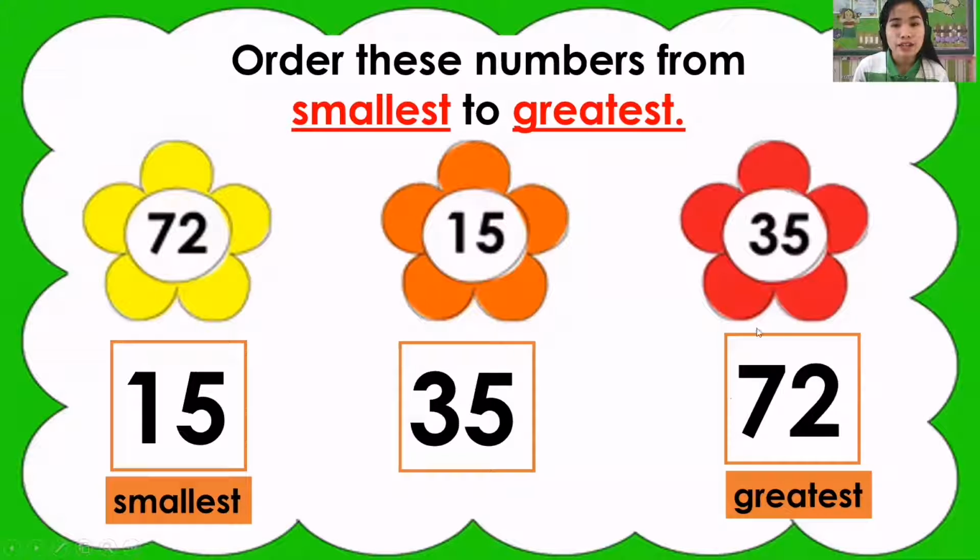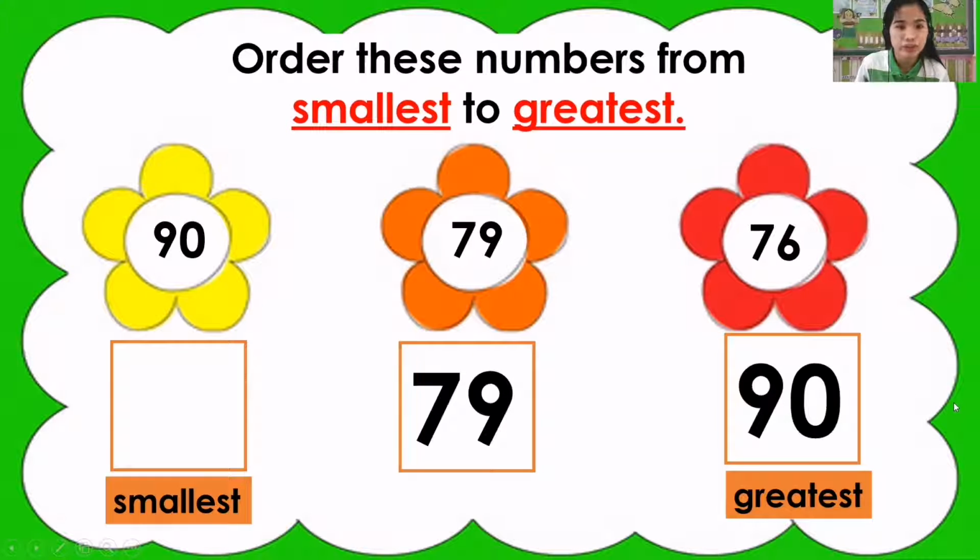And the last, which is the greatest number, or the biggest number? The biggest number is 72. So you are going to copy here. Okay, understand? Let's have this second example.